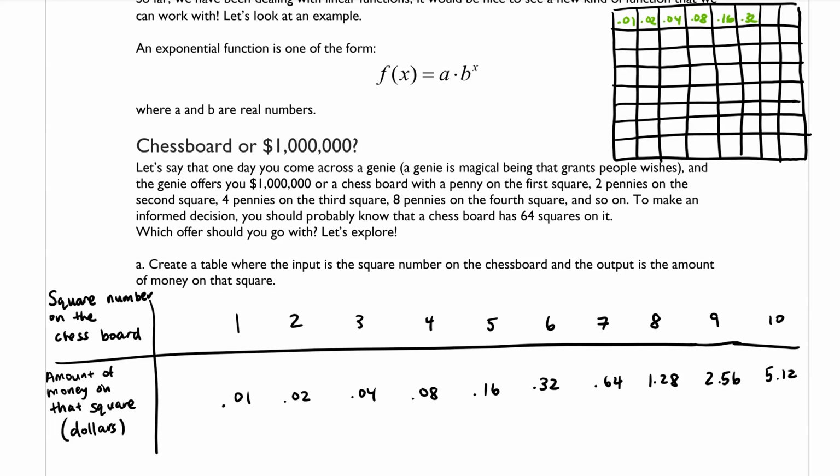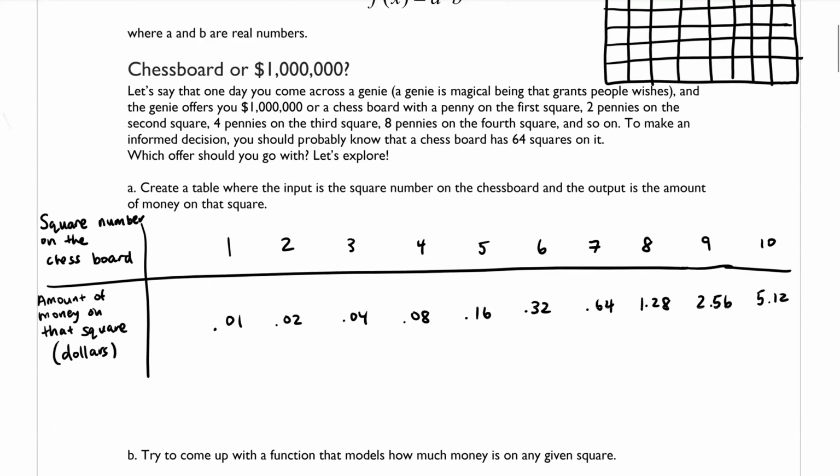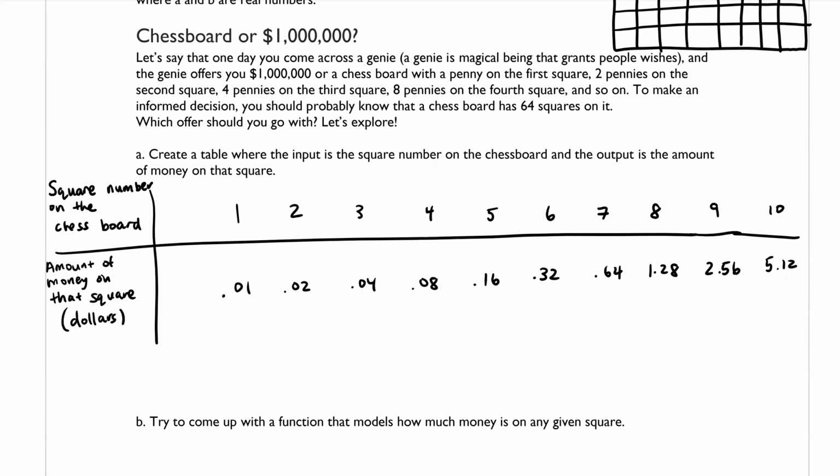So now that we've made this table, maybe take a moment to pause the video and think to yourself, would you rather take the $1 million or would you rather take the chessboard with these amounts of money on it? Let's continue on. Maybe the next part will help us to answer that question.